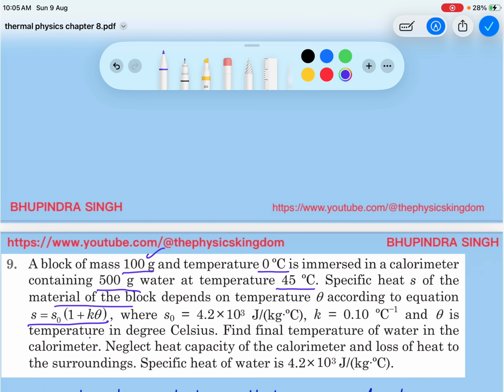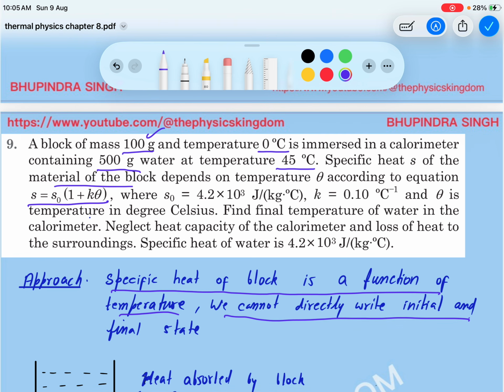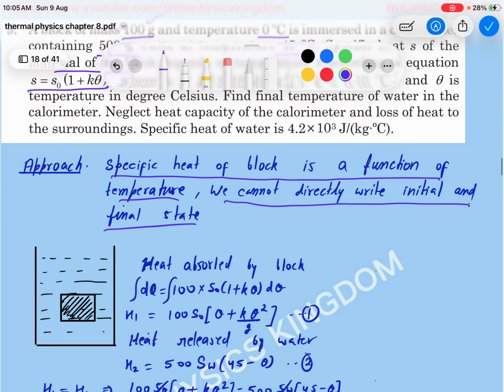And then the heat released by water, you can simply write as m s delta T. As I said, it's an easy question. The specific heat of the block is a function of temperature, so we cannot directly write initial and final states. So the heat absorbed by the block: dq is m times specific heat as a function of theta, times d theta, the change in temperature. The total heat when its temperature changes from 0 to theta, I get in terms of theta like this.